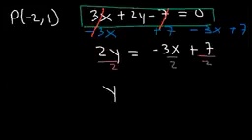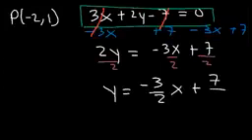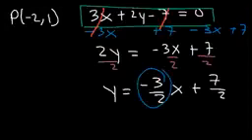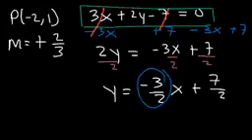So y is equal to negative 3/2 x plus 7/2. So the slope of this line is negative 3 over 2. Therefore, the slope of the perpendicular line is going to be the negative reciprocal of that value. So it's going to be positive 2 over 3. You need to change the negative sign to a positive sign and flip the fraction at the same time.